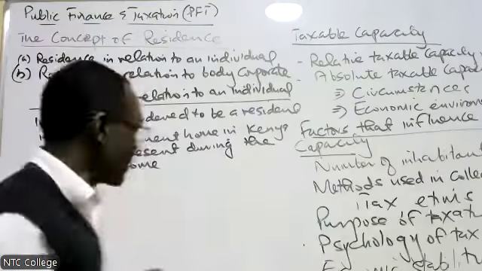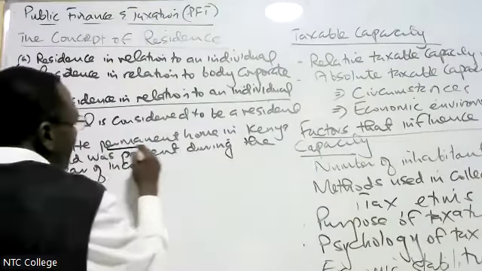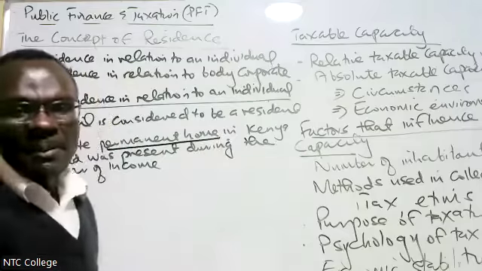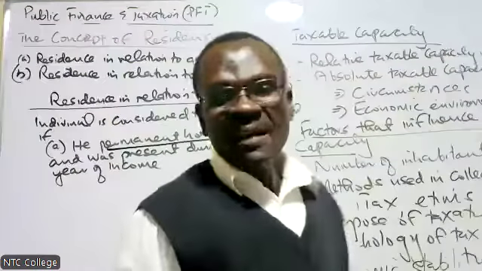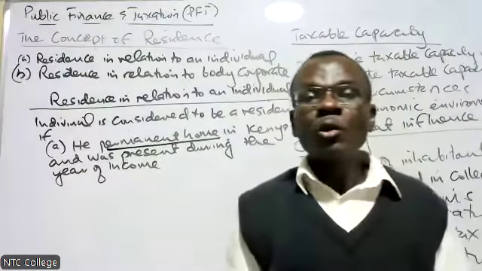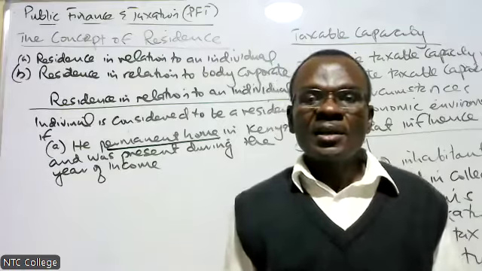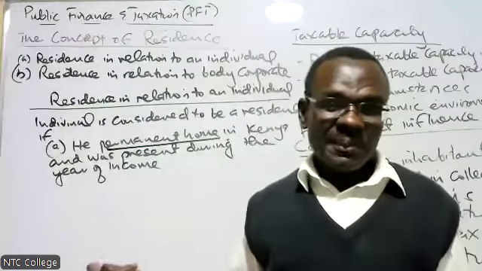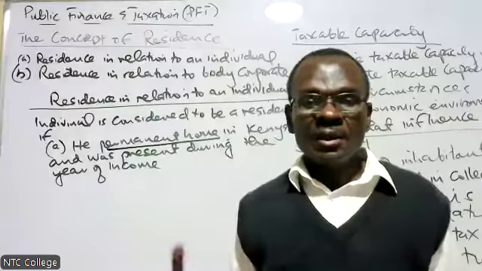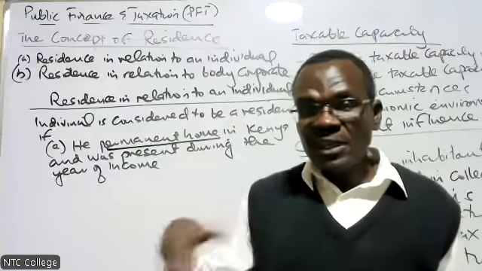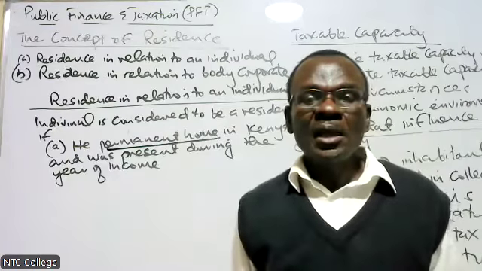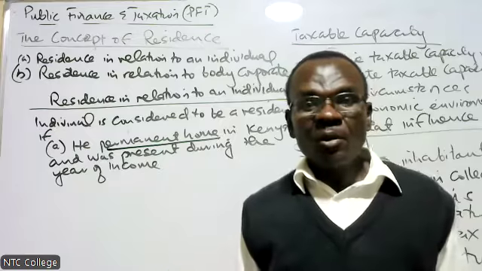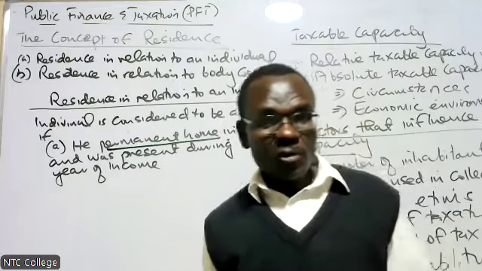So what do we mean by permanent home? Having a permanent home simply means having a place you call home. There's a person who went to court and they got this interpretation. It was an East African court, in those days of the East African Community, which sat to determine what is meant by a permanent home.